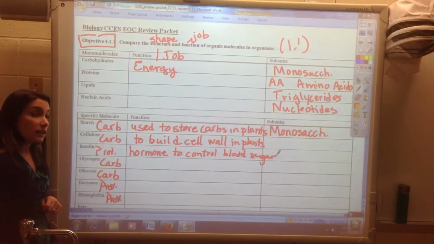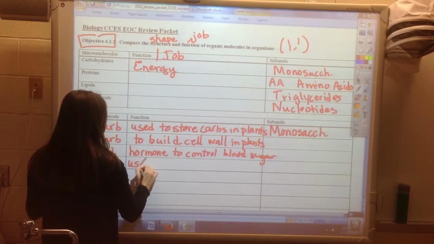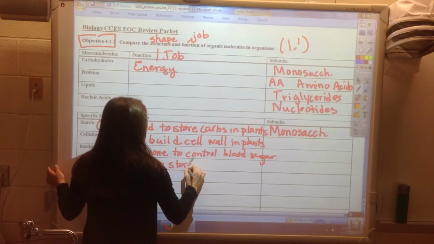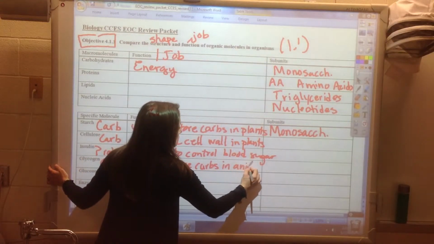If you look at glycogen, glycogen is a carb, but it's used to store carbs in animals.